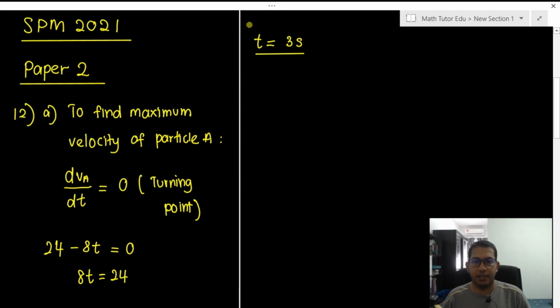Once you get t equals 3 seconds, you substitute back into the velocity A equation.